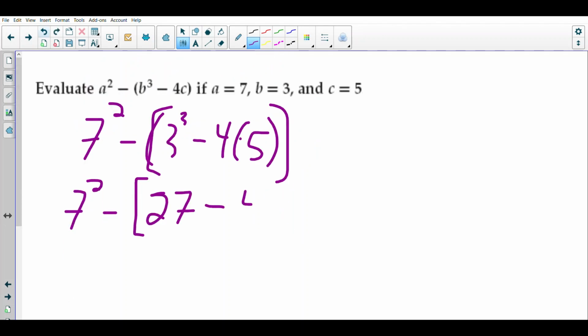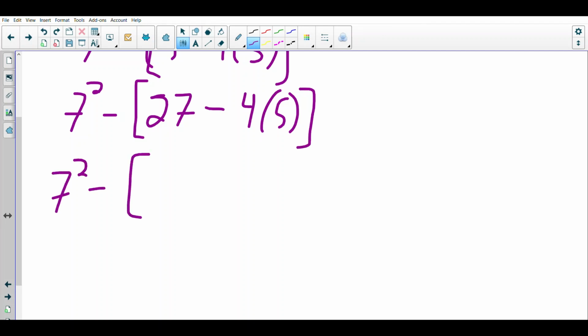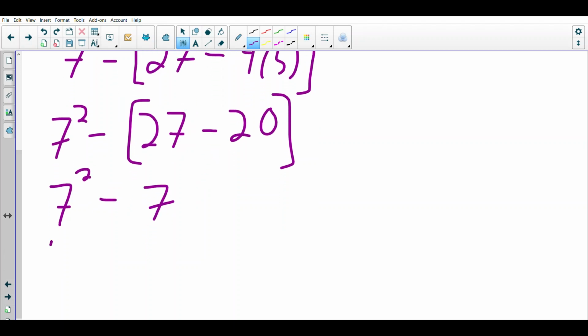I have 4 times 5. So I have 7 squared minus, inside again, 27 minus 20. Staying inside the bracket, 7 squared minus 7. And then once again, I get 49 minus 7. And finishing off, I get 42.